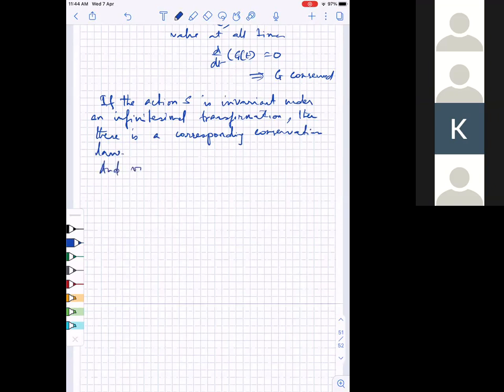So it goes both ways. This is the famous Noether's theorem.